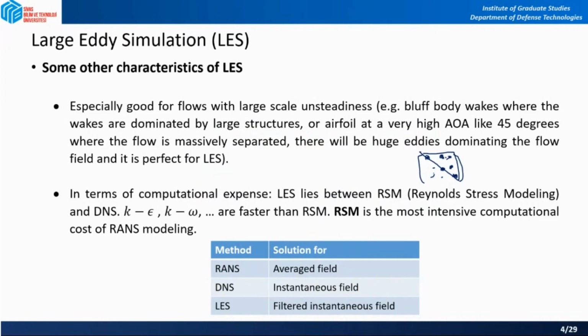So the concept tells you that you have to resolve large scales and model the remaining, I mean, model the smaller scales. So you have to separate large and small somehow. How do you separate, for example, large and small in your kitchen?